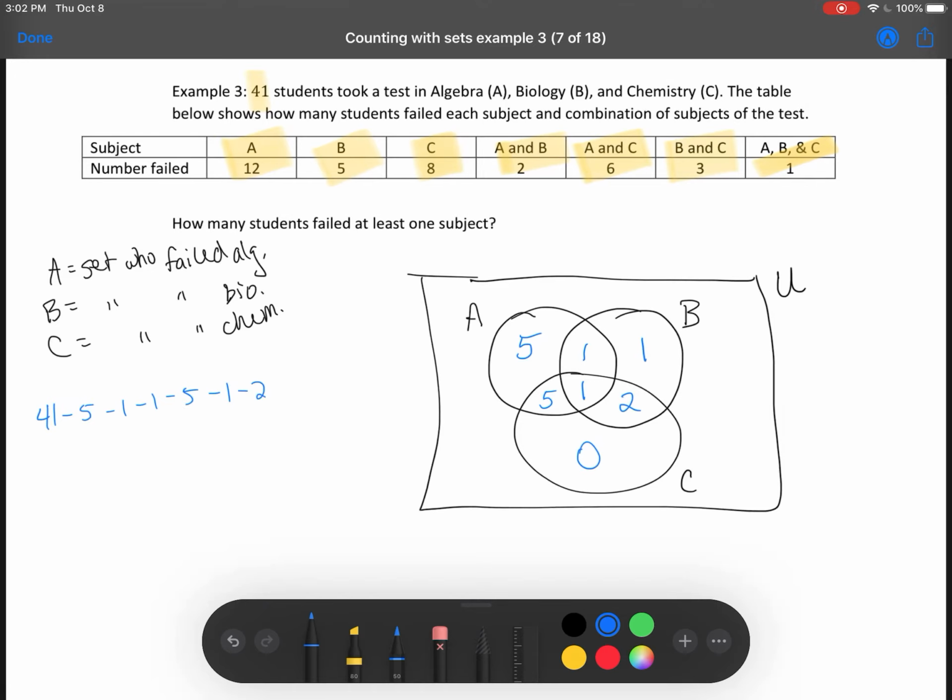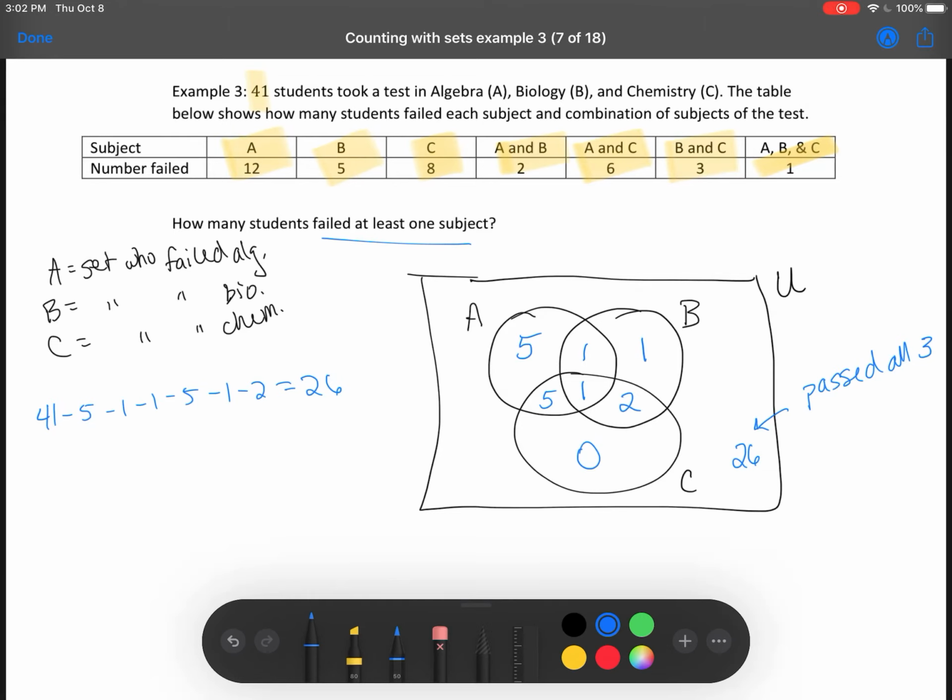If we quickly calculate that, we get 26. So that means 26 people passed all 3. That's a side note. I just wanted to point that out along the way.